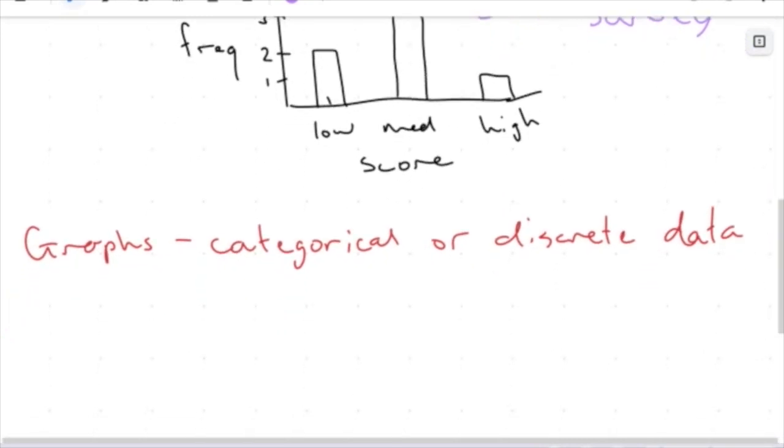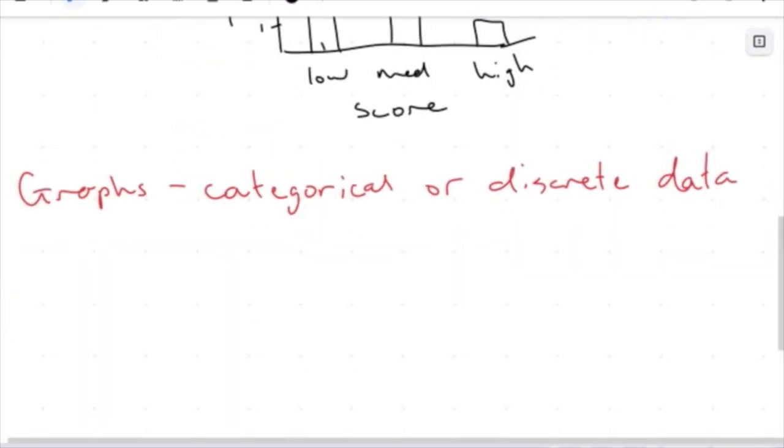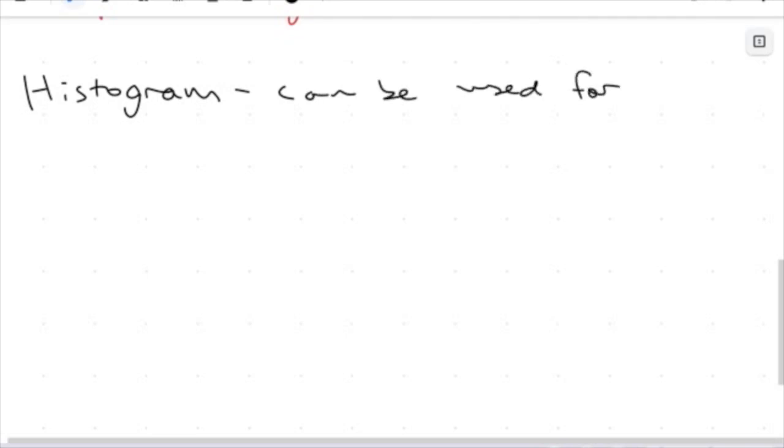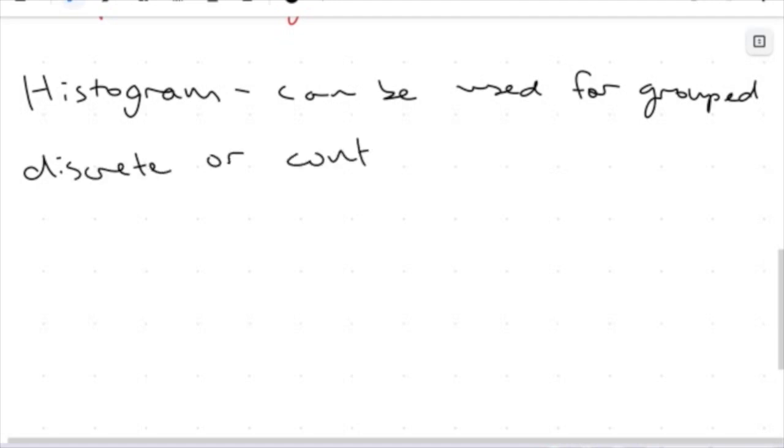Another, explicitly defining this, is a thing called the histogram. And this thing can be used for grouped, discrete, or continuous numerical data.